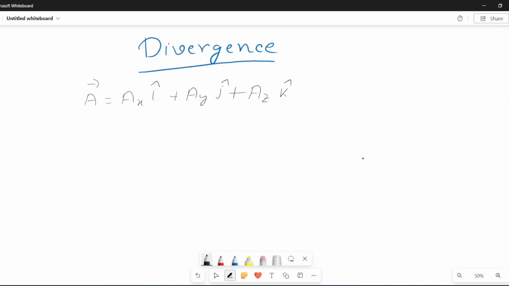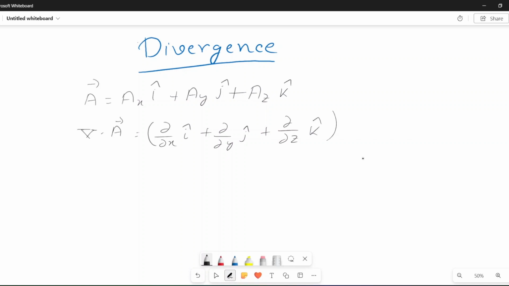The divergence of this vector is defined as the dot product of the nabla operator, or del operator, that can also be written as del/del x i cap plus del/del y j cap plus del/del z k cap.